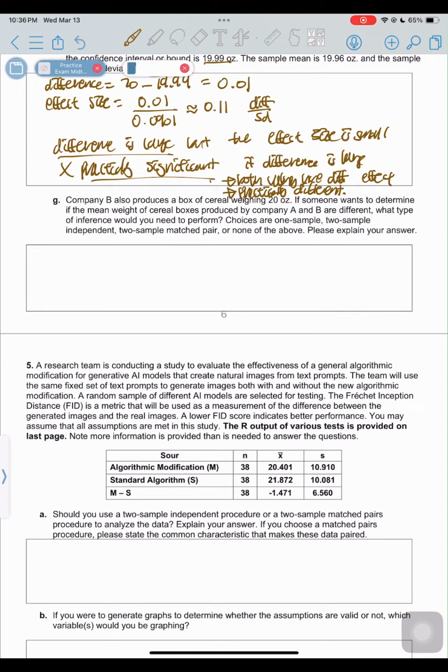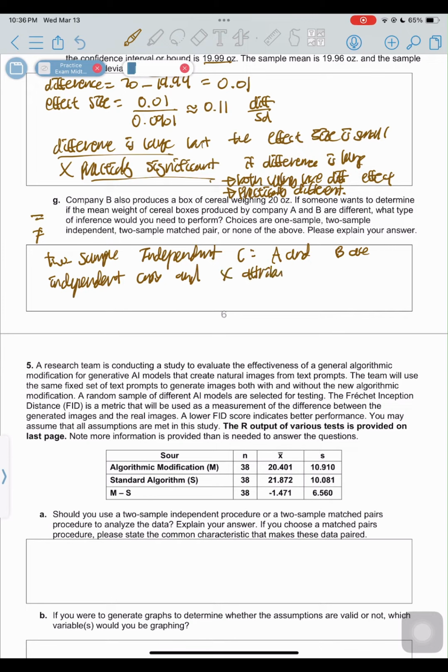So it's going to be 2 sample independent. And the reasoning is A and B are independent cases and no attribute to match sample units on.